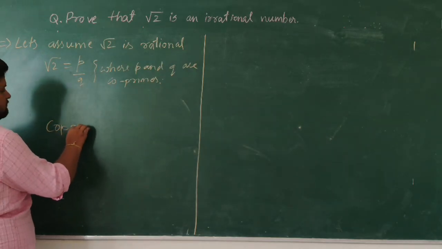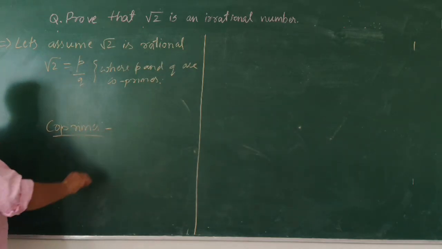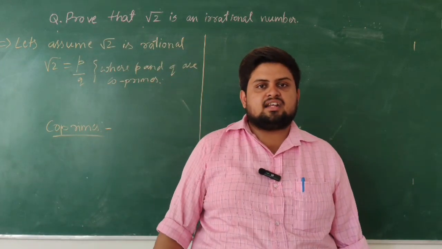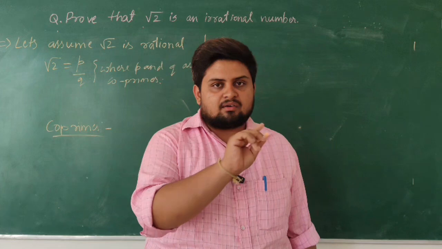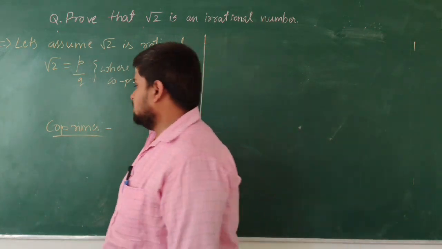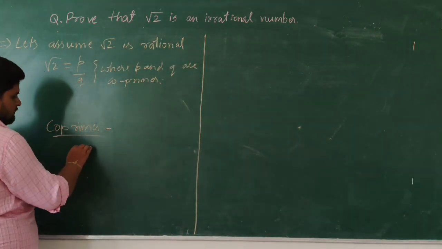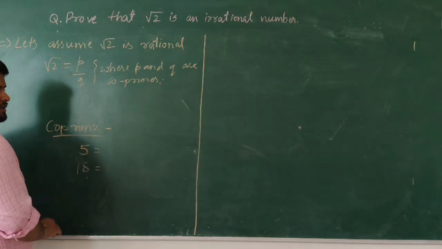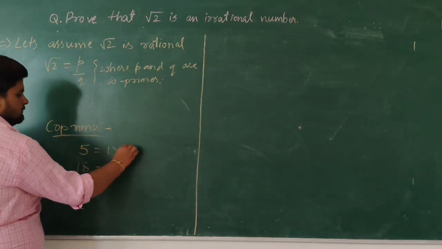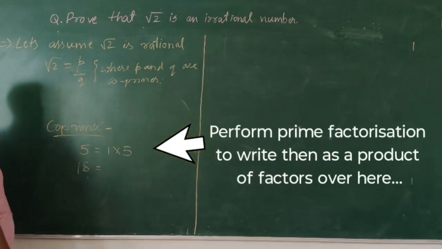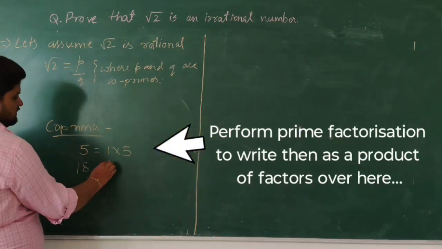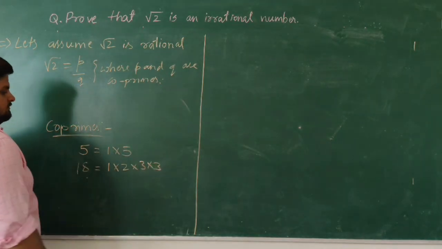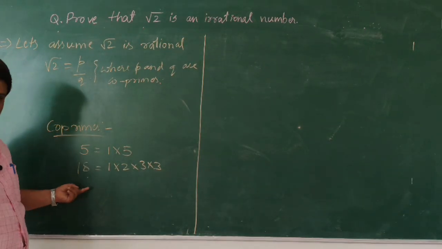Here co-primes means any two numbers which do not have any other factor in common other than the number 1. For example, if you are considering two numbers, the number 5, I'll take the number 18. We can write the number 5 as 1 multiplied by 5. On the other hand, we can write the number 18 as 1 multiplied by 2 multiplied by 3 multiplied by 3. Now compare the factors of these two numbers.